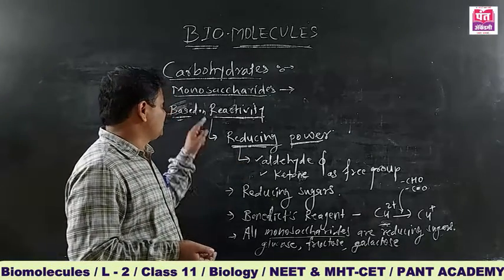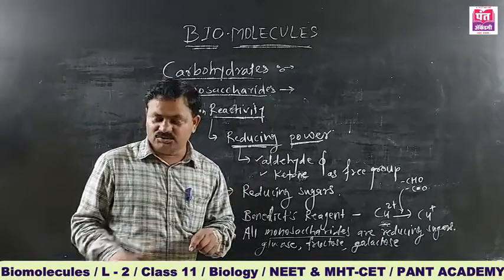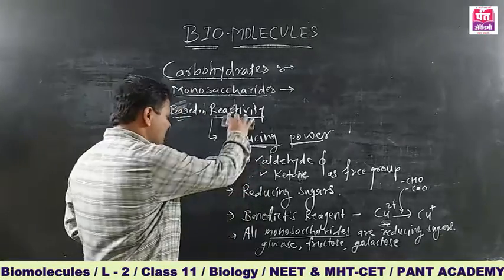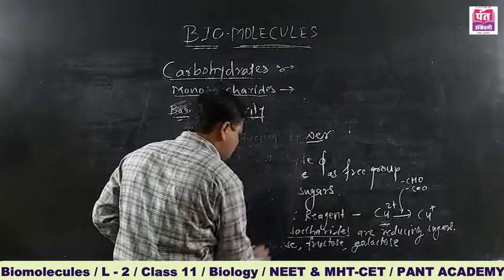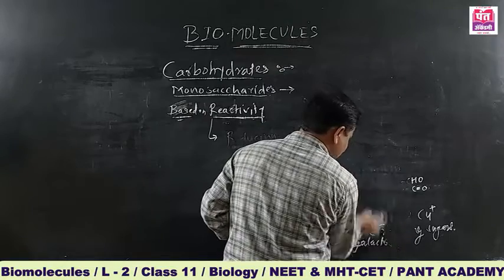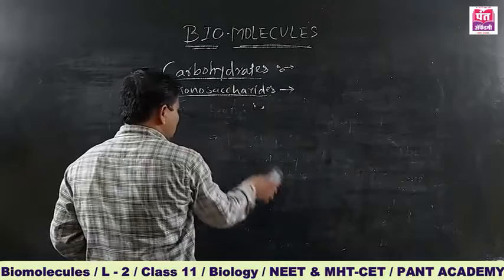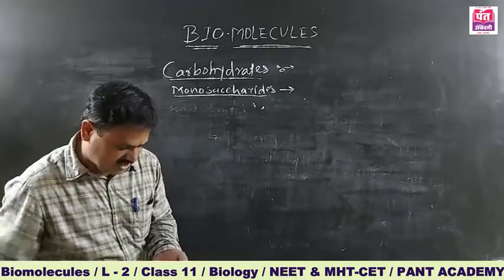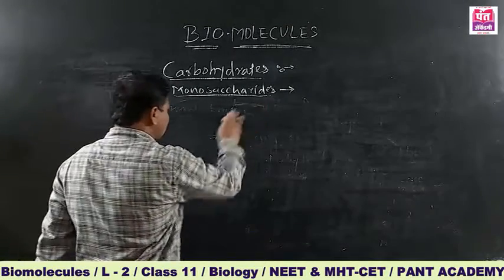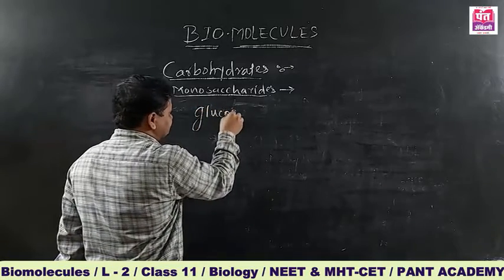So we have got different ideas about the monosaccharides. When we think about the specific types of monosaccharides, especially very common monosaccharides, say glucose, galactose and fructose, then we can understand these are the different types. So the first is glucose.